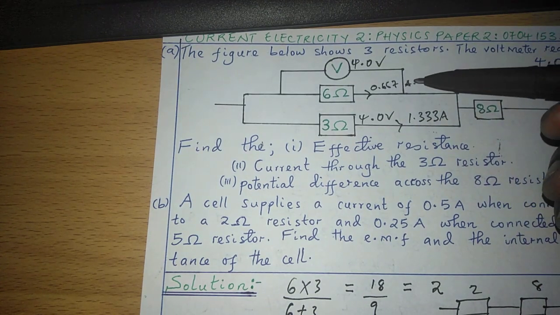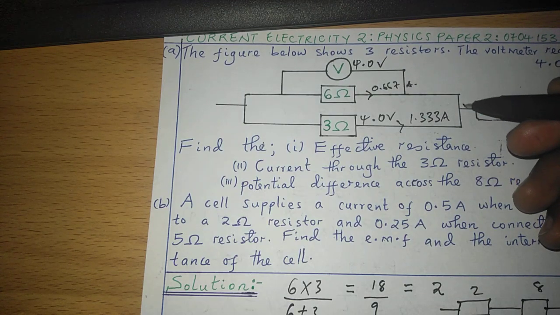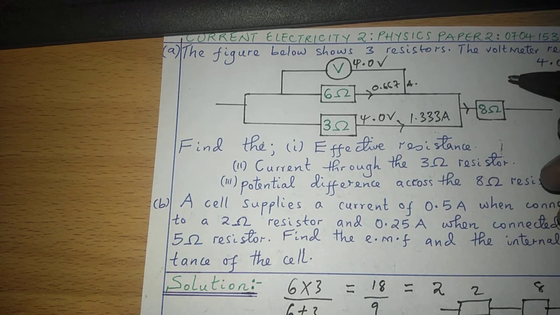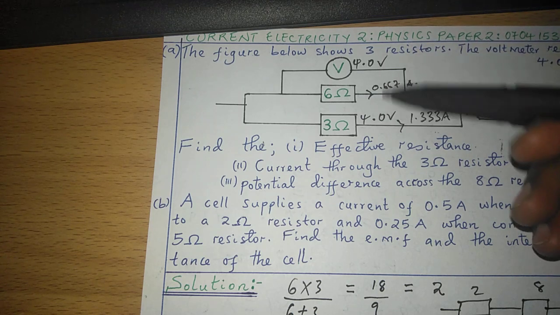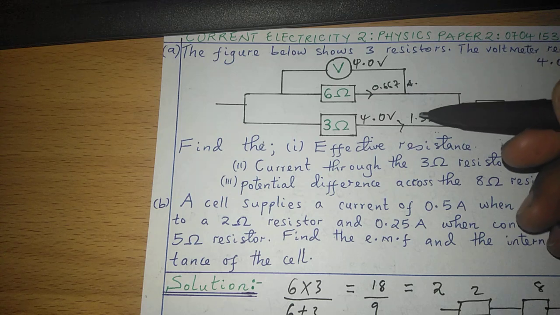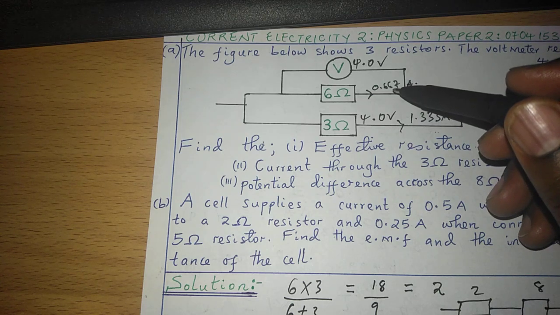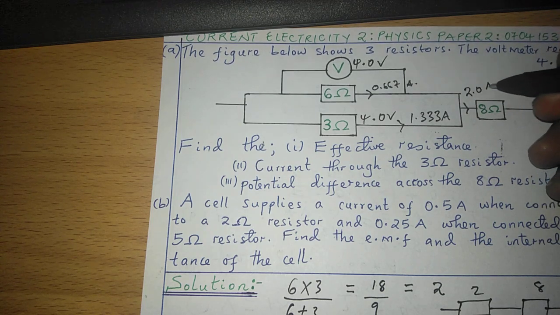Therefore, with 0.667 and 1.33, the current now combines at this junction and flows as 1, because it had split in a parallel connection. Therefore, the total current flowing in this system is 1.33 plus 0.667, and this totals to 2.0 amperes.